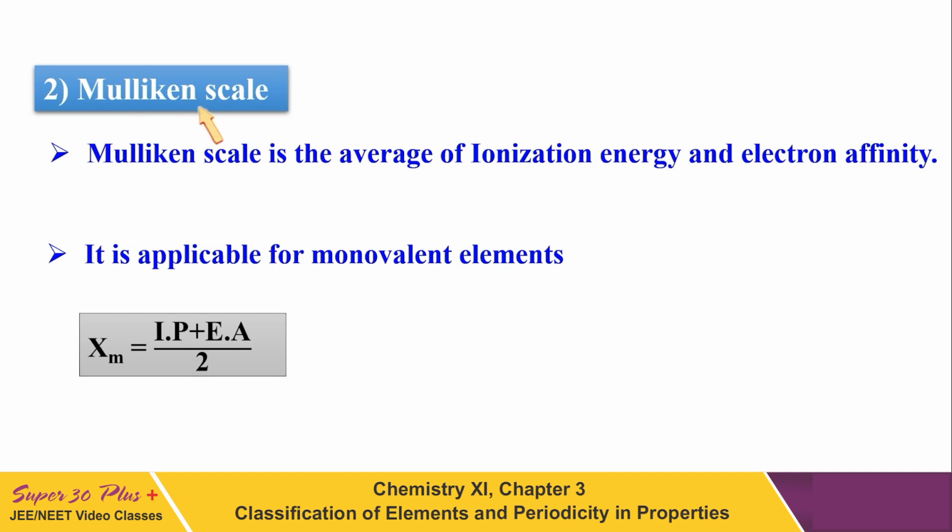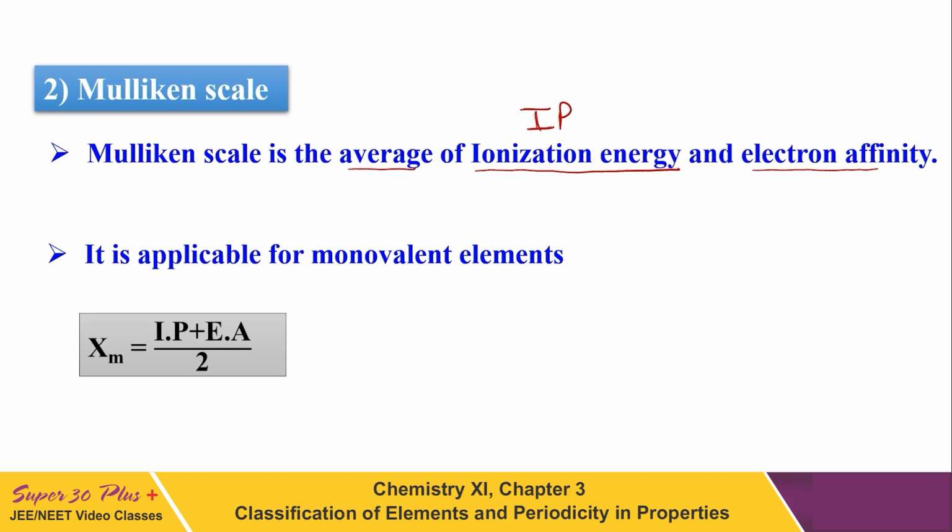Another scale is the Mulliken scale. Mulliken scale is just the average of ionization energy, IP, and electron affinity. Do you remember what is IP? Let me remind you. IP is the minimum energy required to remove an electron from an isolated gaseous atom. And electron affinity we studied in today's lecture, a couple of minutes back.